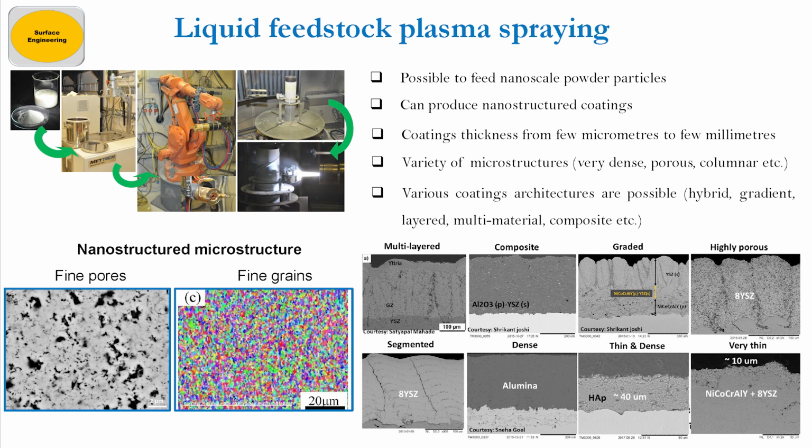And in addition to that, this technology also offers a lot of possibilities to create various coating architectures, like we can have multi-layered coatings, we can have composite coatings, we can grade the different materials to create coatings. We can create coatings with more than 50% porosity for some applications like insulation. We can create coatings which are extremely dense, extremely thin, and so on.